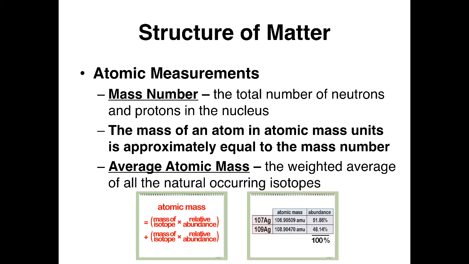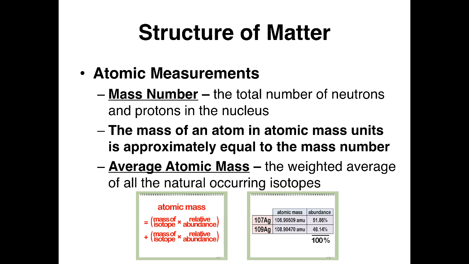So here's an example. You have the two naturally occurring isotopes of silver. Ag is silver. The first one is Ag107, which has an atomic mass of 106.90509, and it is 51.86% in abundance.